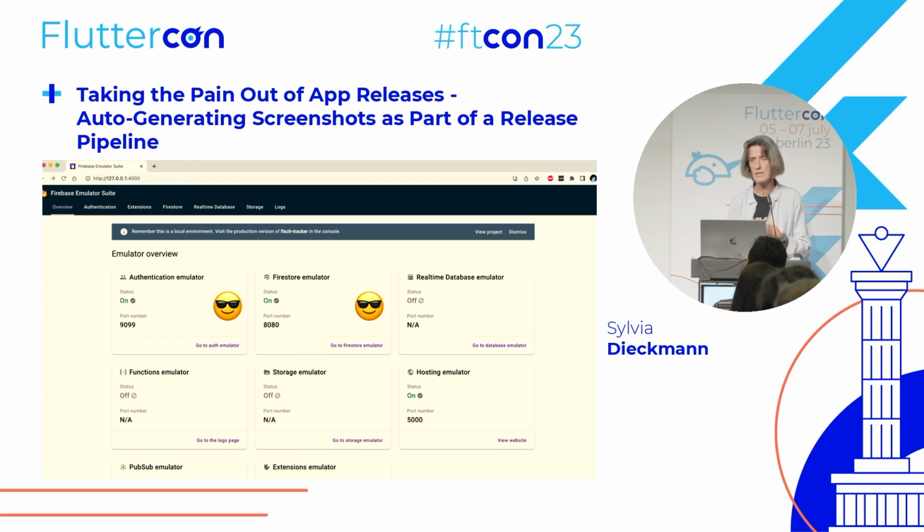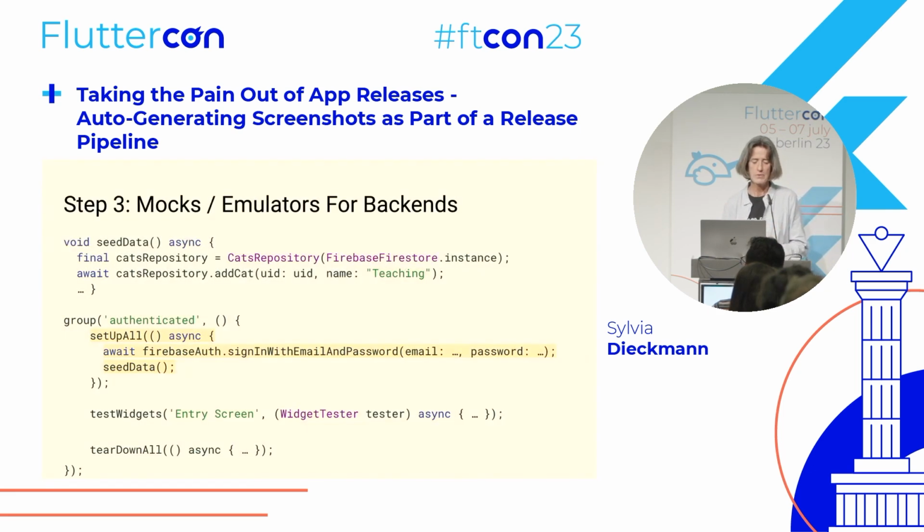For me personally, the sweet spot is typically I use the authentication emulator interface to generate a few user records, and then in my test just use that name and credential that I just created manually. On the Firestore side, I prefer to generate test data in my test in the setup method. And in fact, that's what I'm doing here. The actual code is a lot longer, so this is only a small abstract.